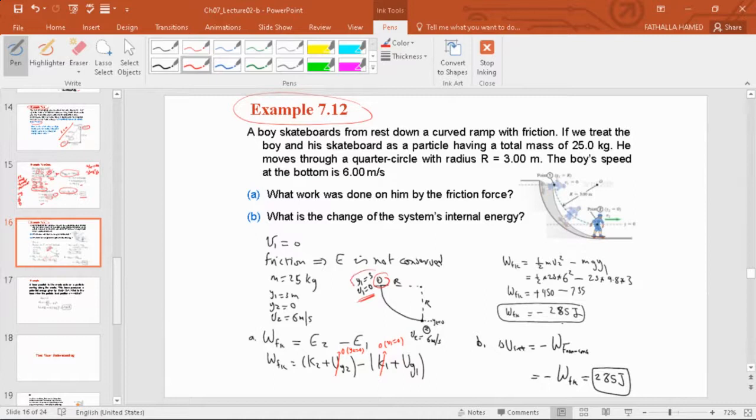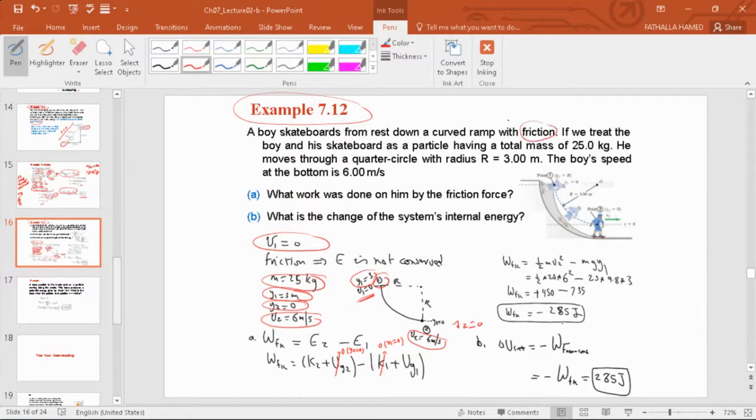Now the height, Y1 will equal 3 here, and Y2 here we take as 0. But when he gets to this point here, V2 is equal to 6 meters per second. So the mass is 25, Y1 is 3, Y2 is 0, V2 is 6 meters per second, and V1 is 0, starting from rest.